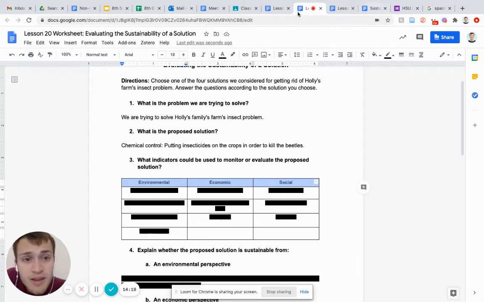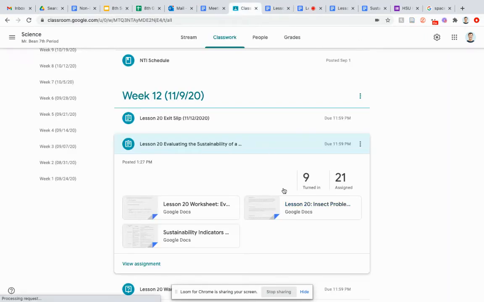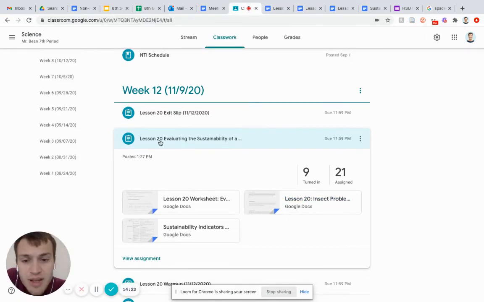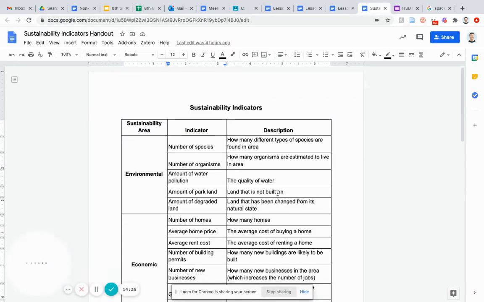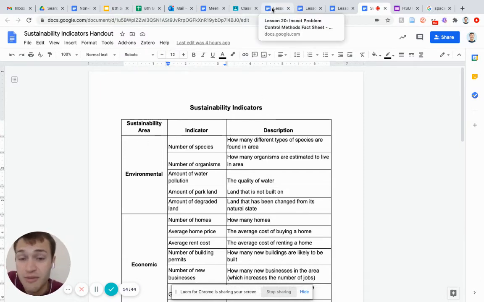The indicators are on Google Classroom, under Lesson 20, Evaluating the Sustainability of a Solution. There is a Google document called Sustainability Indicators. If you open that, you'll see the chart that I looked at earlier. You can use this chart to choose what indicators you're going to look at for your solution to determine if your solution is sustainable.